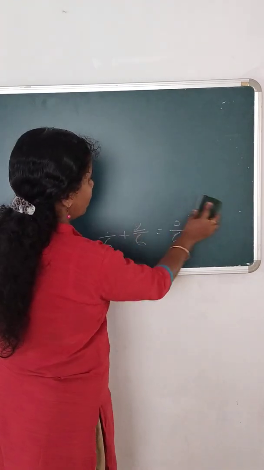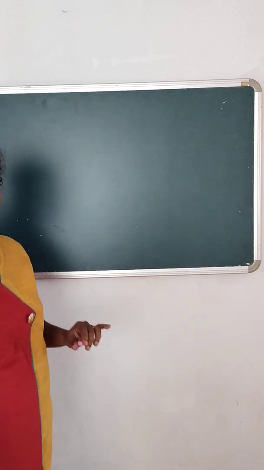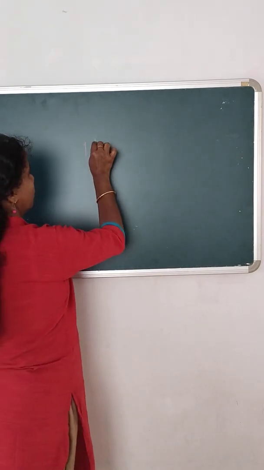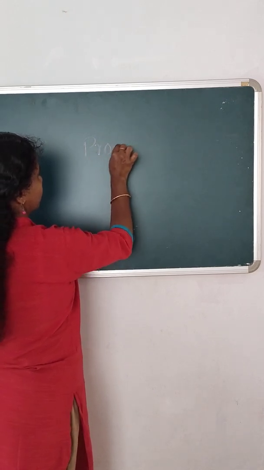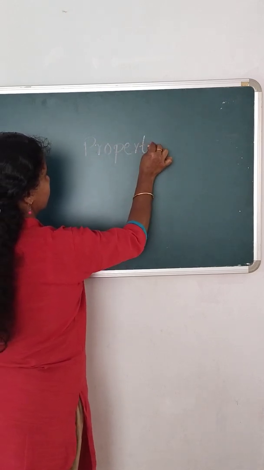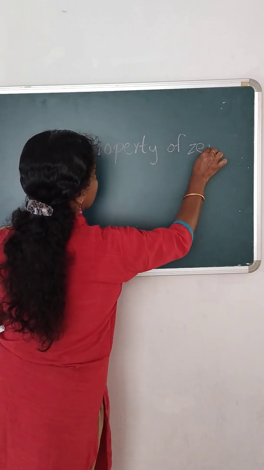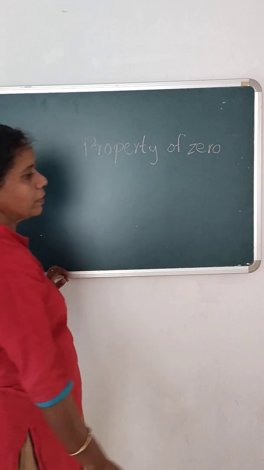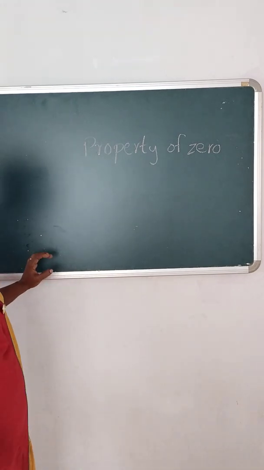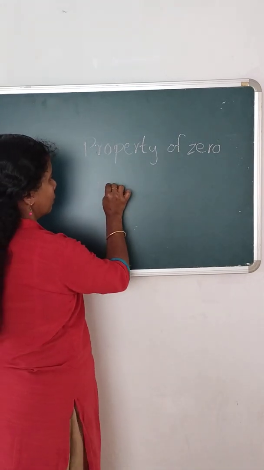And one more property we can learn, the property of 0. What happens when you add 0 to a whole number? Suppose it is 5 plus 0. What is it?